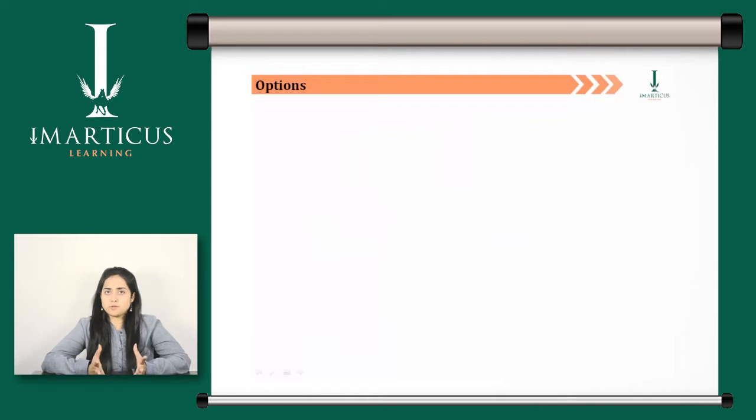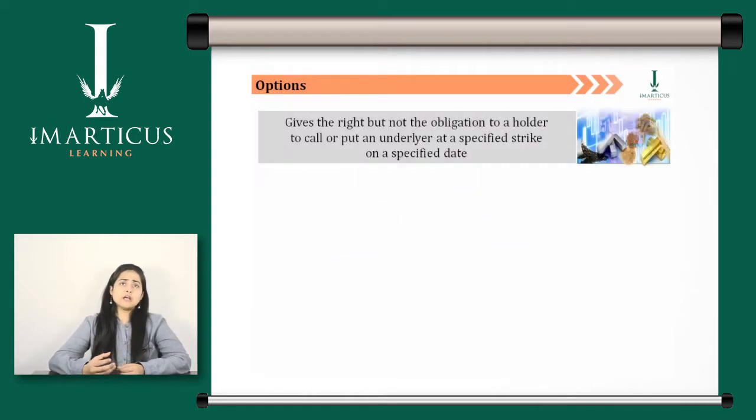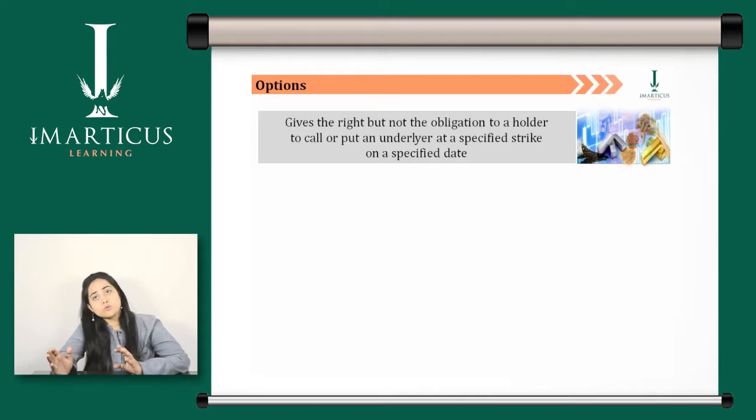Moving on to the options. Options give the right but not the obligation to a holder to call or put an underlier at a specified strike on a specified date. The underliers here are commodities, which give value to the options contract.